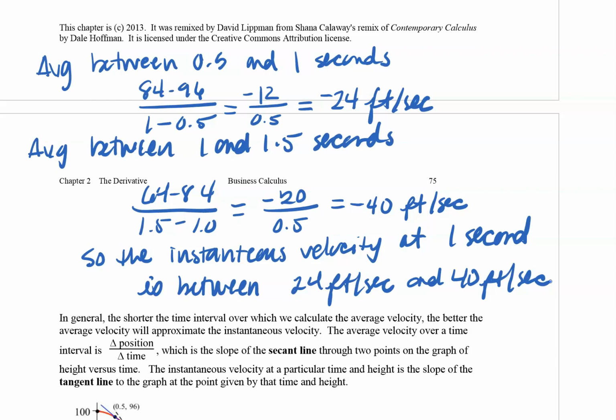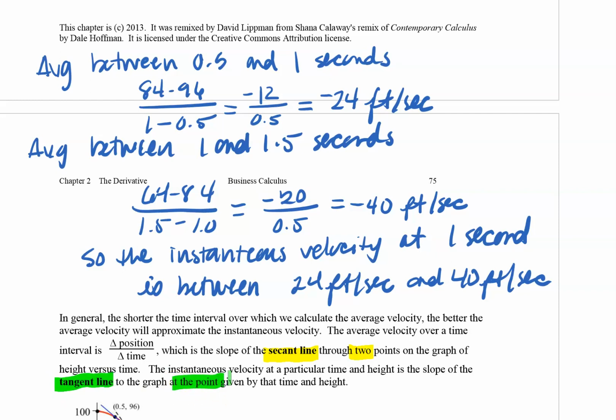Meaning, if I can get closer and closer to the exact point that I want, so not just a half a second away, but maybe a quarter of a second or a tenth of a second away, then what we're doing is: the average velocity over a time interval is the change in position over the change in time, which is the slope of the secant line through 2 points. The instantaneous velocity at a particular time and height is the slope of the tangent line at the point given by time and height.